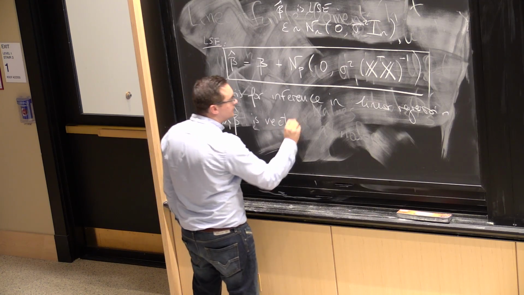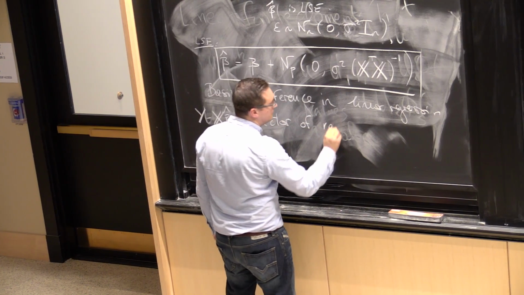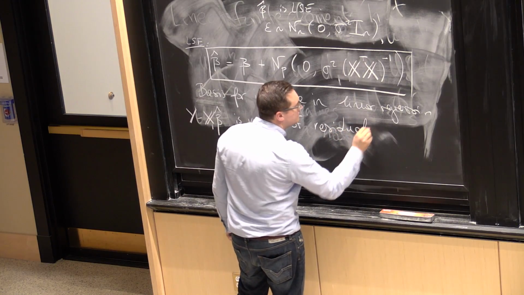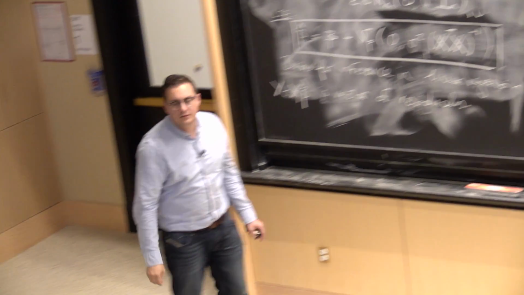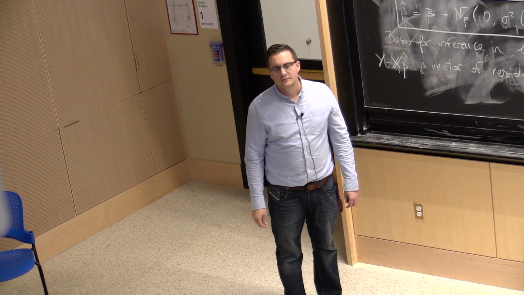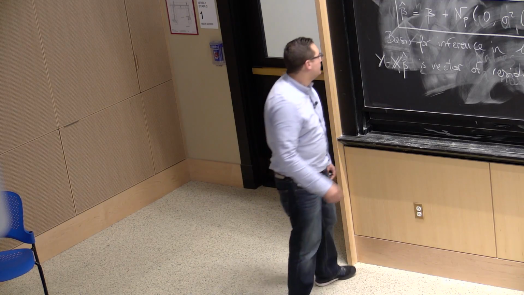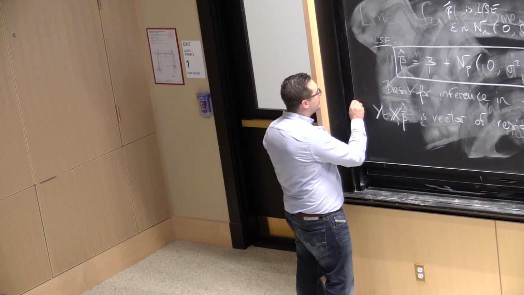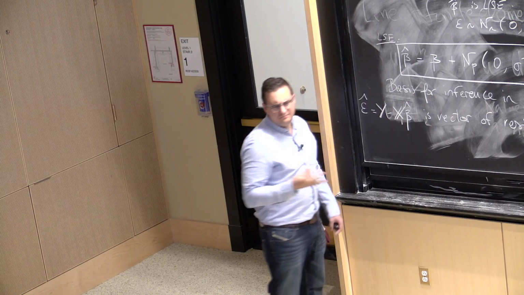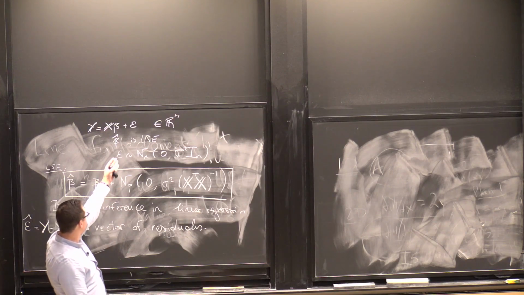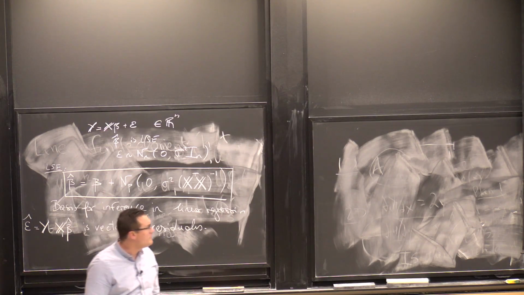So that's the vector of residuals. What's the dimension of this vector? N by 1, right? So those we can write as epsilon hat. They're an estimate for epsilon because we just put a hat on beta.